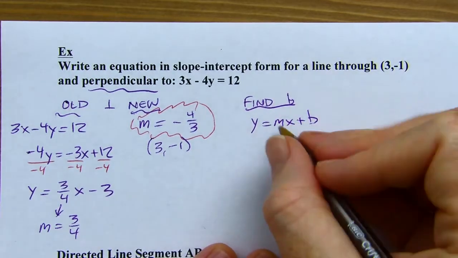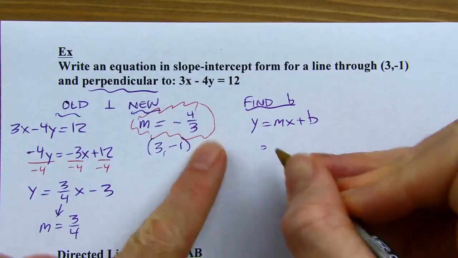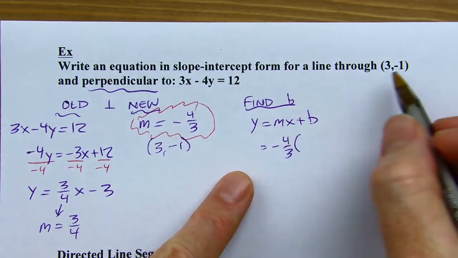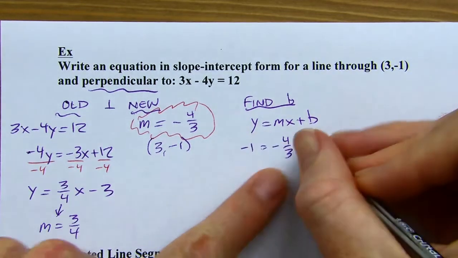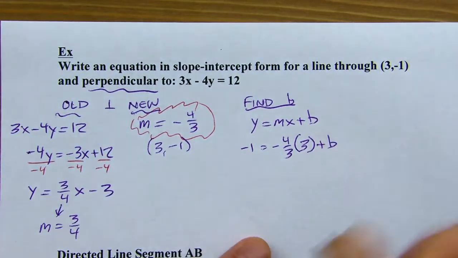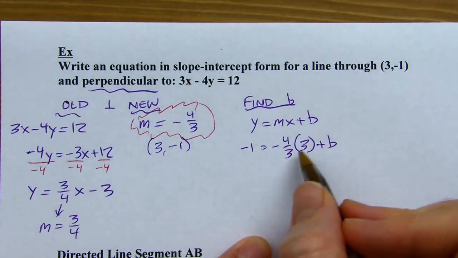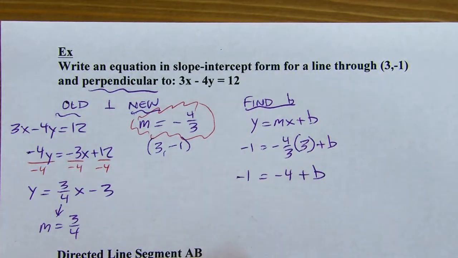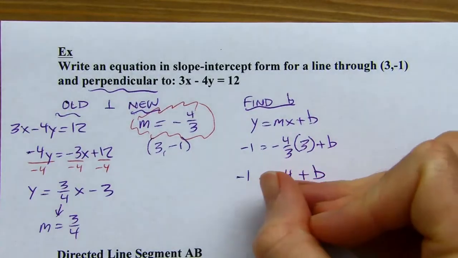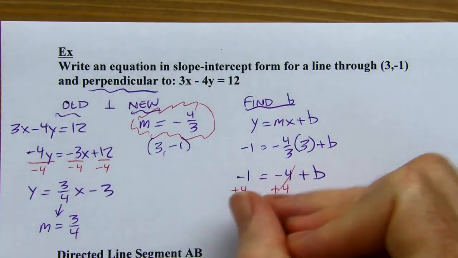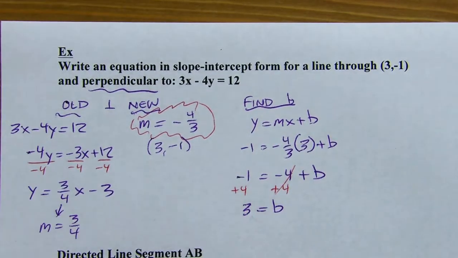I'm going to substitute in -4/3 for the slope. y is going to be -1, and my x value is 3. This works out nicely again because those 3's are going to cancel each other out. Then all I have to do is add 4 to both sides to find b. And I've got my second important piece of info, and now I can write the equation.